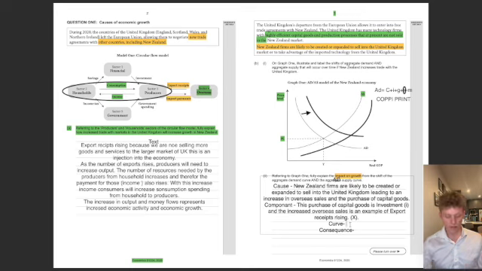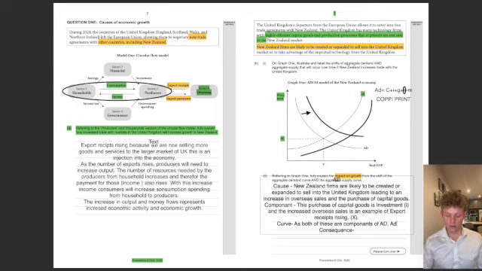Now we get to state our AD equation as both of these rising. Both of these are components of AD.